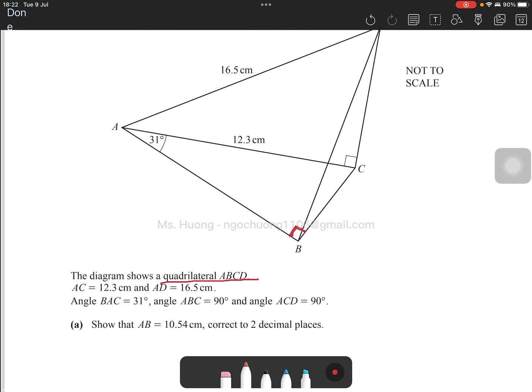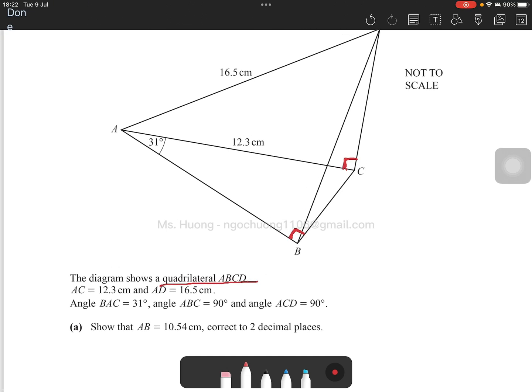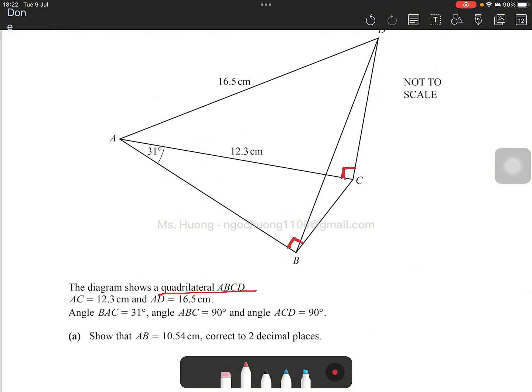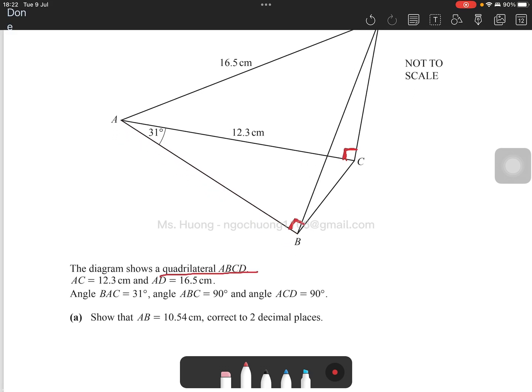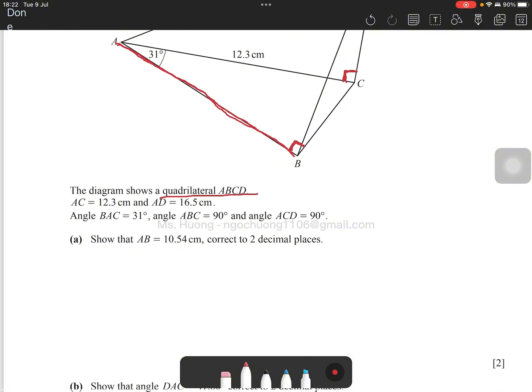Question A. Show that AB is 10.54, correct to 2 decimal places. AB is this line. ABC is a right angle triangle, so we can apply SOHCAHTOA to find the length of AB. Which one should we use? Look at the angle 31 degrees. AB is the adjacent and AC is the hypotenuse.